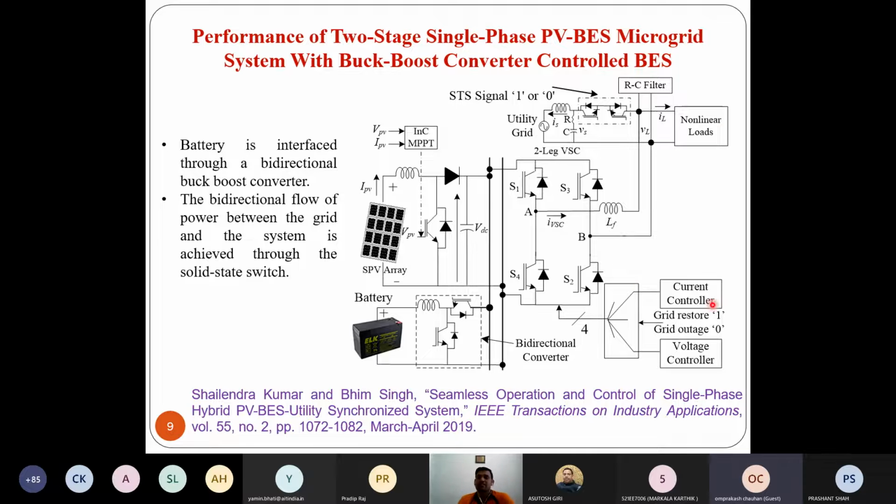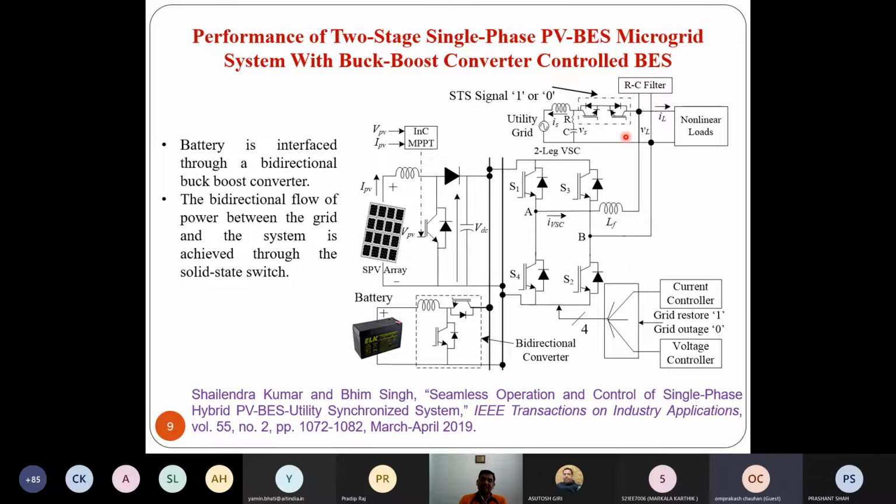Again, these STS switches are implemented when you want switching between current control and voltage control, or between grid connected and standalone. You can see there are any number of systems which work without switching. Grid connected is a separate system, standalone is a separate system.